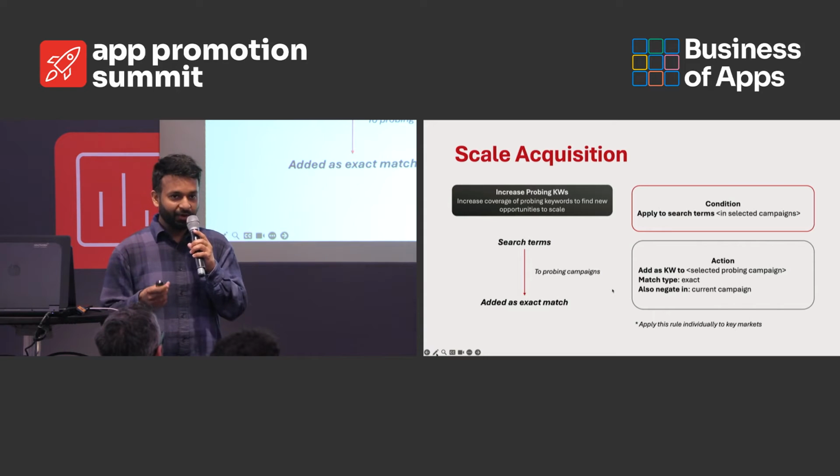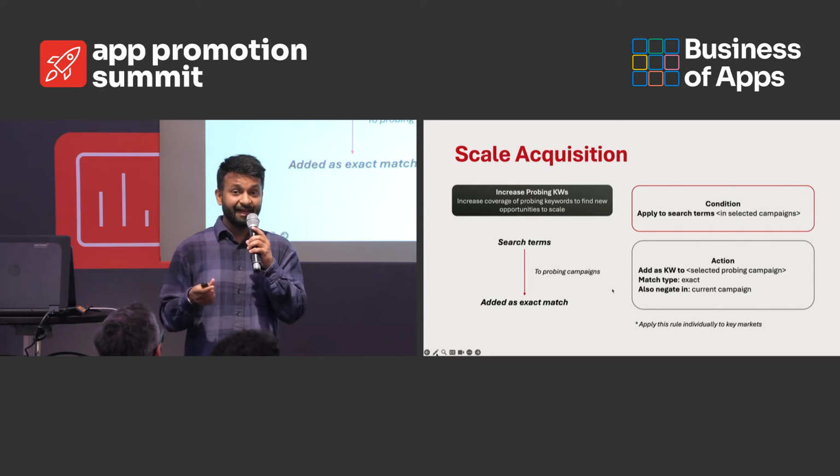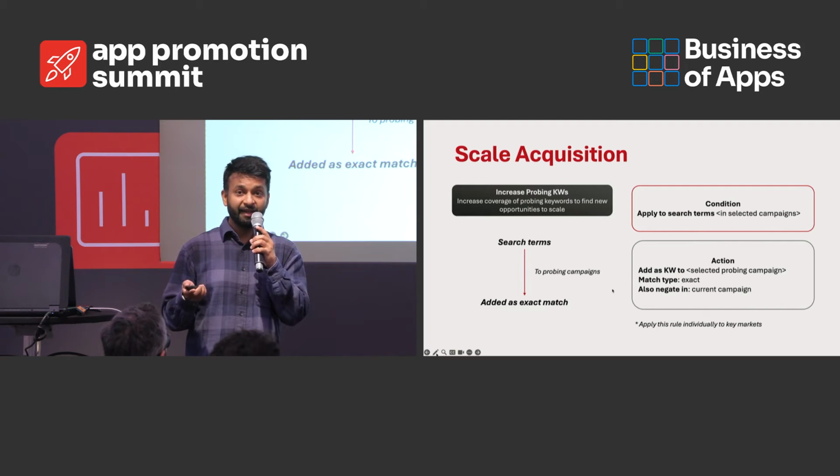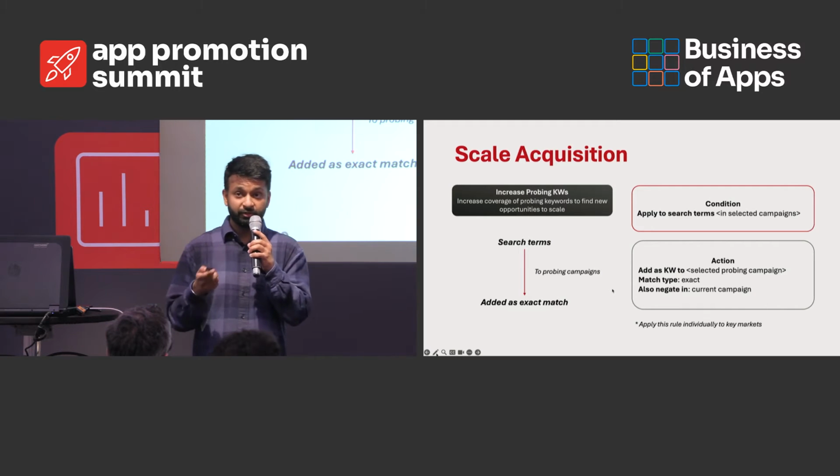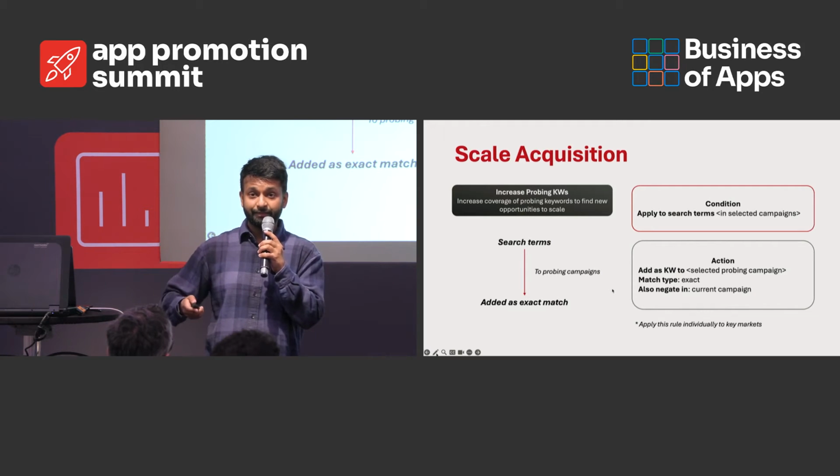The whole purpose of running discovery campaigns is that. But unfortunately, if you're running discovery campaigns, you find no conversion data for the search terms that you get. That is why it's important to move your search terms to your probing campaigns.